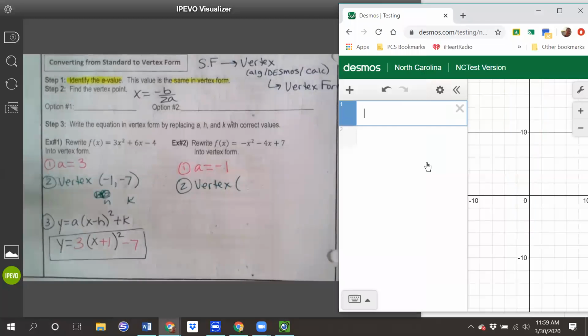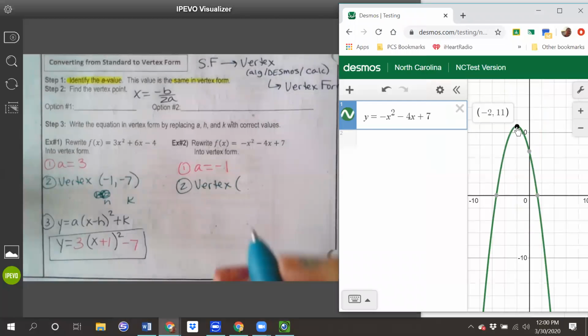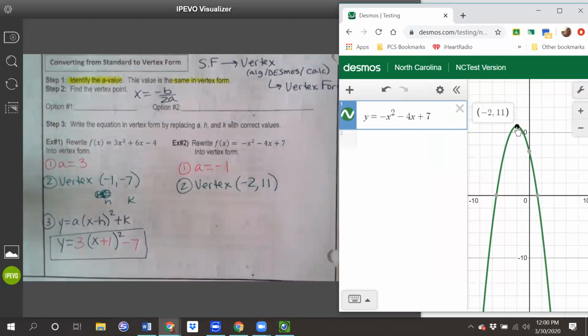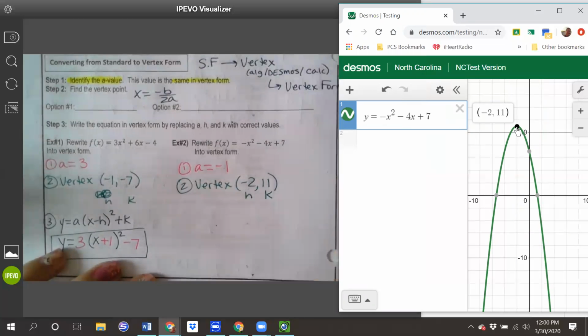So that's going to be y equals -x squared minus 4x plus 7. And the vertex, I'm going to grab it right there, is -2, 11. So that means that that's the h and that's the k.